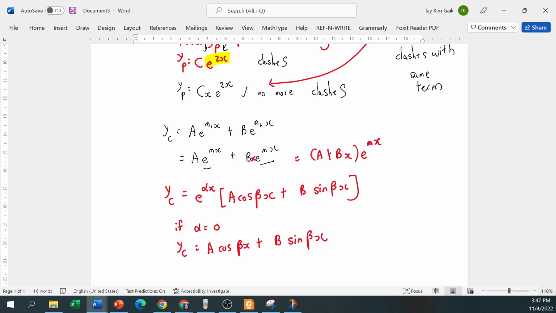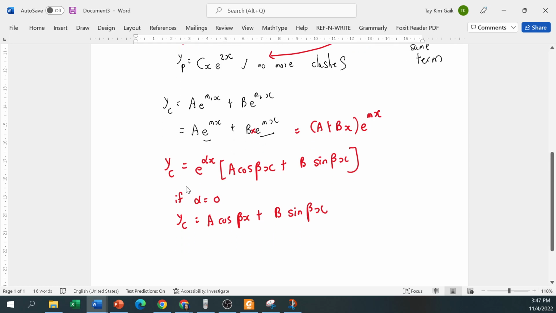Then if your f(x) is cos beta x, then there is a clash.